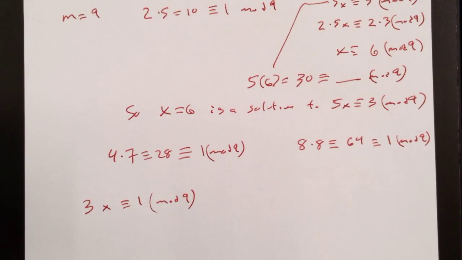So the remainders, mod 9, are 0, 3, and 6, right? Keep going. 3 times 3, the remainder is 0. 3 times 4, the remainder is 3. 3 times 5, the remainder is 6. Because I'm dividing by 9. 3 times 6, 18, the remainder is 0. 3 times 7, 21, the remainder is 3. 3 times 8, 24, the remainder is 6.